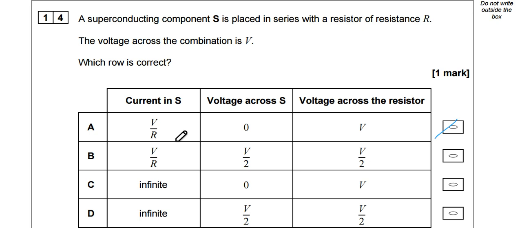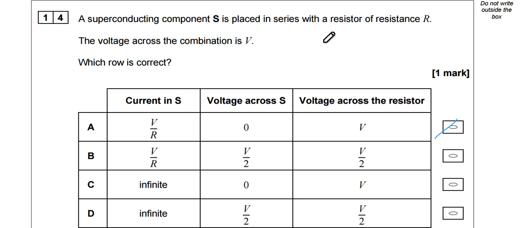Okay, current in a superconductor is V over R. Voltage across the superconductor is 0 because there is no resistance to the current, and voltage across the resistor will be just V, because there is no voltage drop across the superconductor.